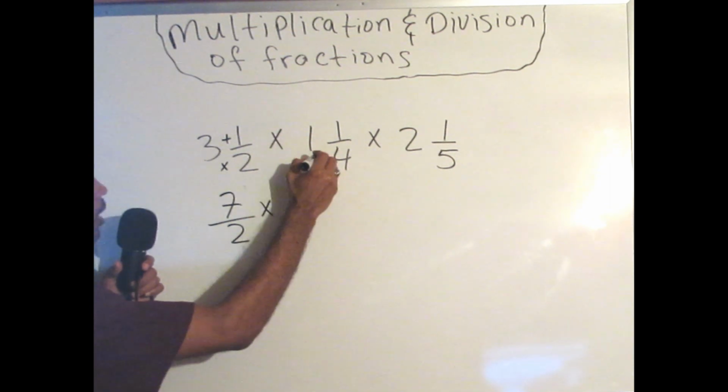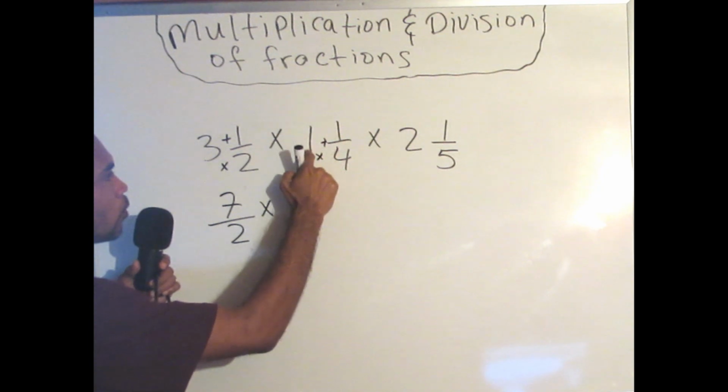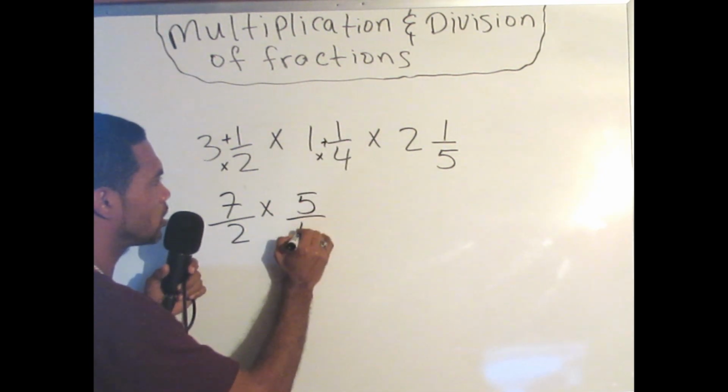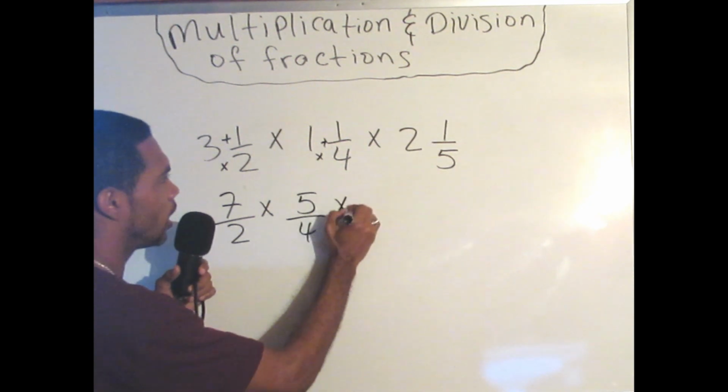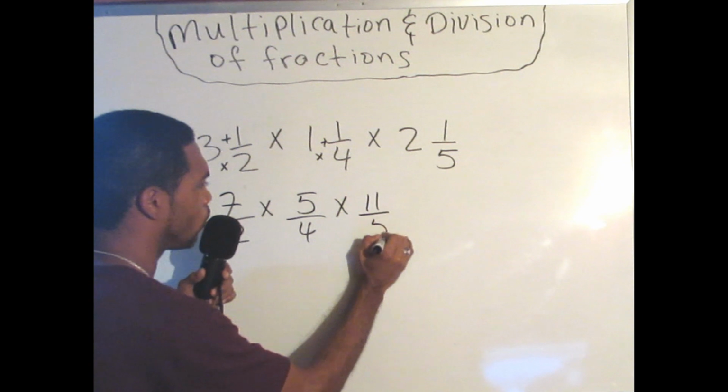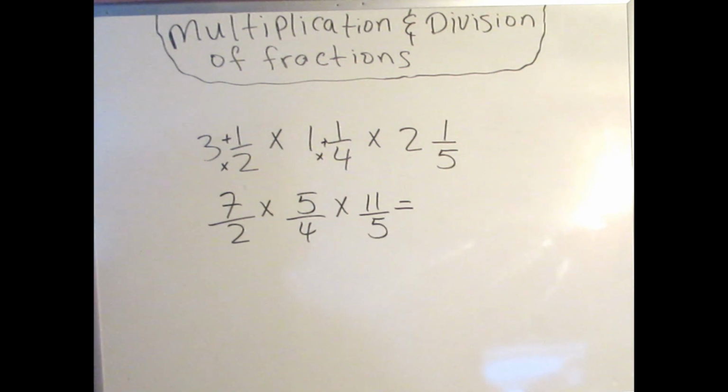Then 1 times 4, 4, plus 1, 5 over your same 4. Then 5 times 2, 10, and 1, 11, 11 over 5. And now, in order for us to get our answer, we need to multiply.